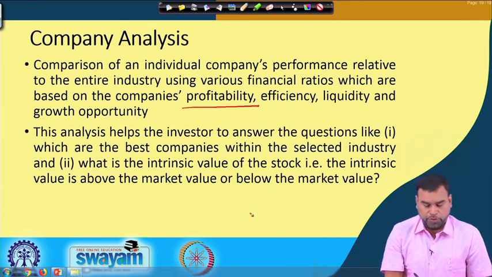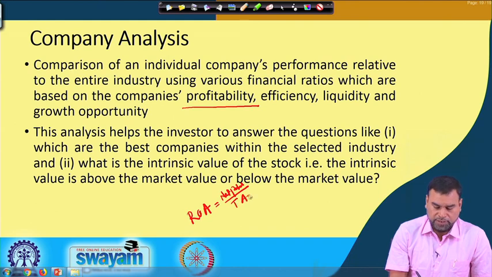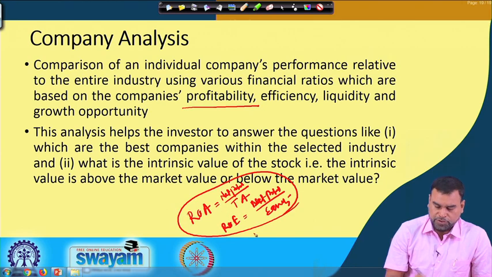We look at ROA, return on assets, that is the net profit upon the total assets. You can also look at the ROE, your net profit upon total equity. These are the different profitability measures.